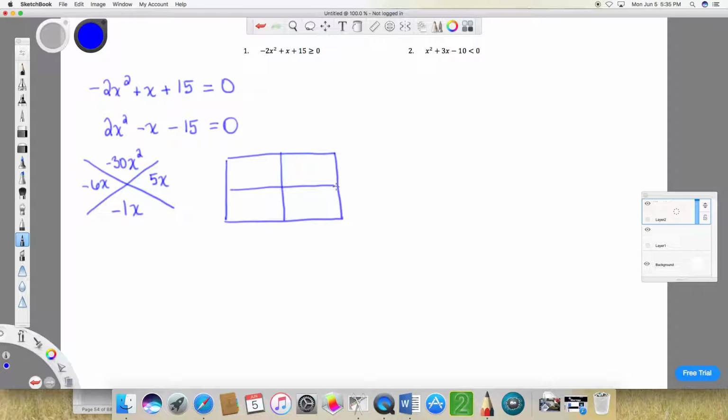Along one diagonal, we put the first term and last term from the original equation, from the equation that I've written in standard form, I should say. Then we write the values that we found in the x method along the other diagonal. And now we look vertically and horizontally and factor.